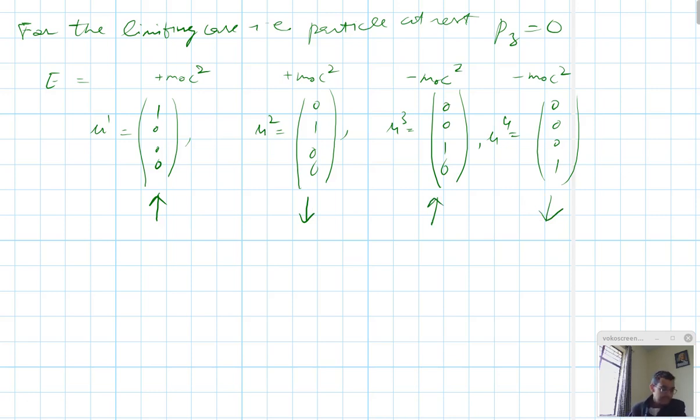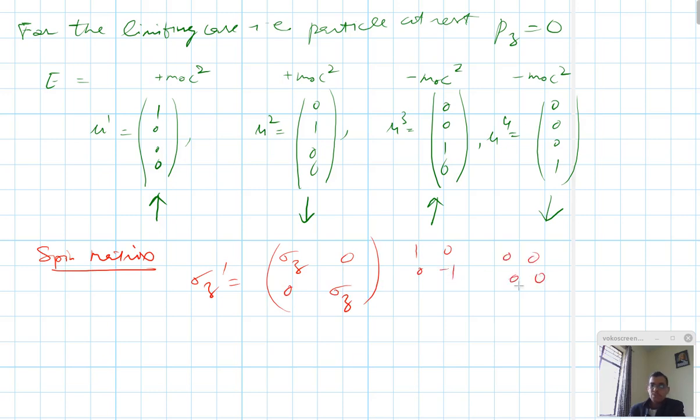So now if we define a spin matrix such that sigma z prime is equal to sigma z 0 0 sigma z, meaning 1 0 0 minus 1, then 0 0 0 0 0 0 0 0 1 0 0 minus 1, right? So we have to use this here.